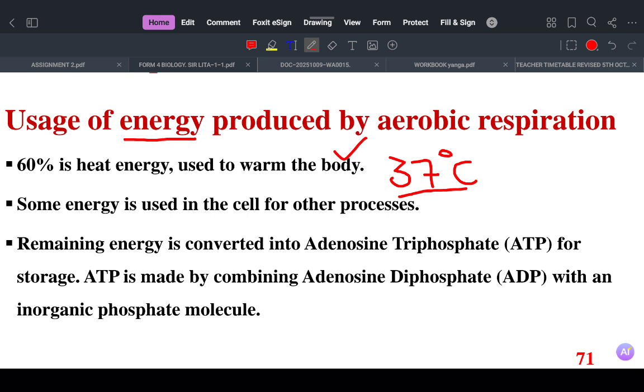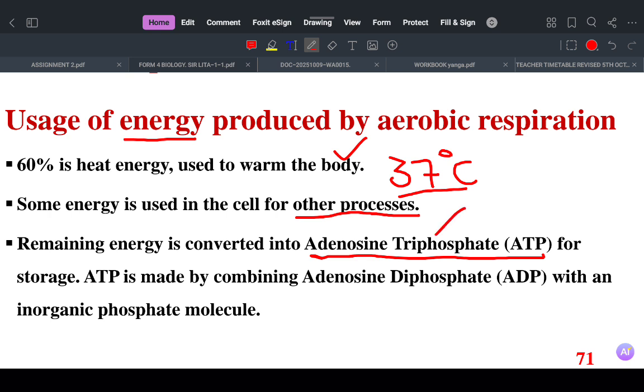Some of the energy is used in the cell for other processes. Right? There are different processes taking place in your body right now. So some of the energy is used to keep these processes running. All right. The remaining energy is converted to a molecule which is called adenosine triphosphate, ATP in short, for storage.